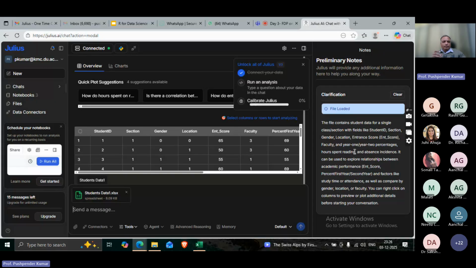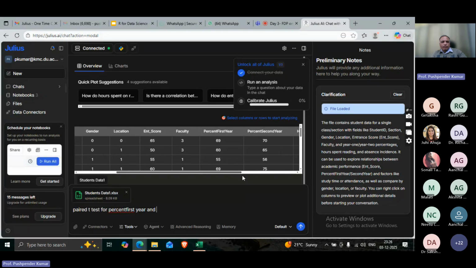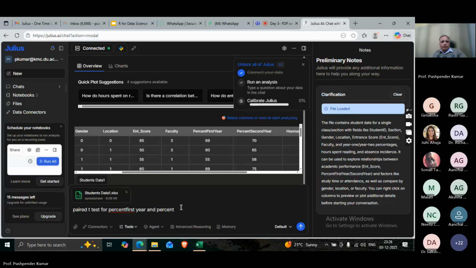For example, paired t-test for percentage first year and percentage second year, perform paired t-test.